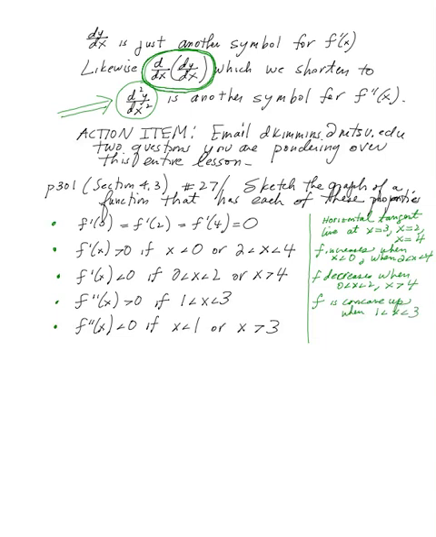And the second derivative being less than 0 tells us that f is concave down when x is less than 1 or x is greater than 3.